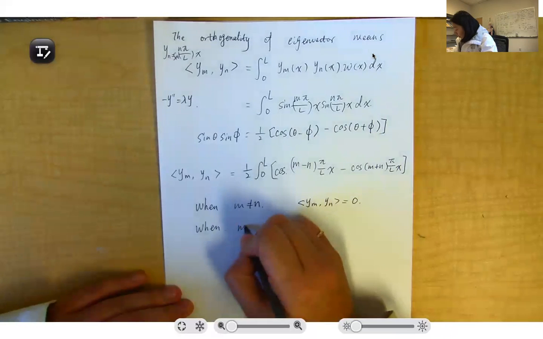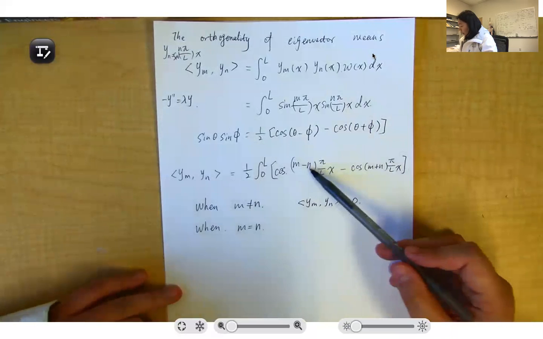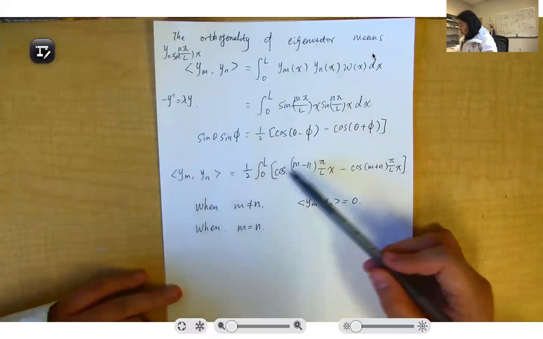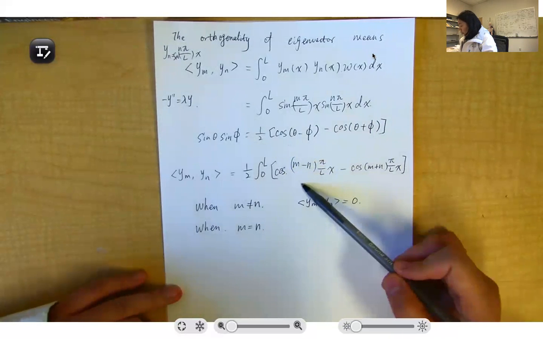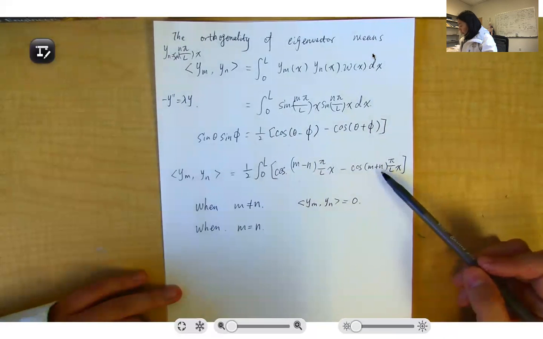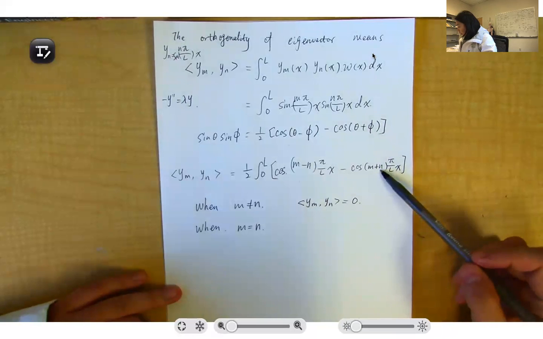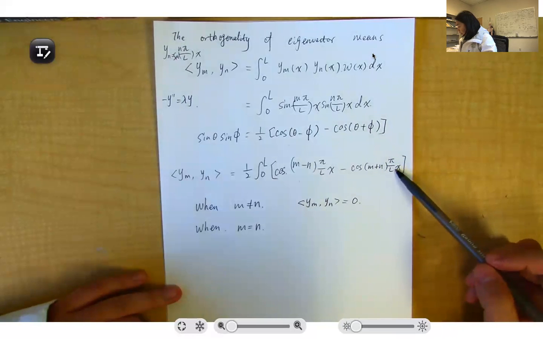When m equals n, what do we have? This part will be 0, and cosine 0 equals 1. The other part will be cosine of 2n pi over L x, and that integrates to 0.